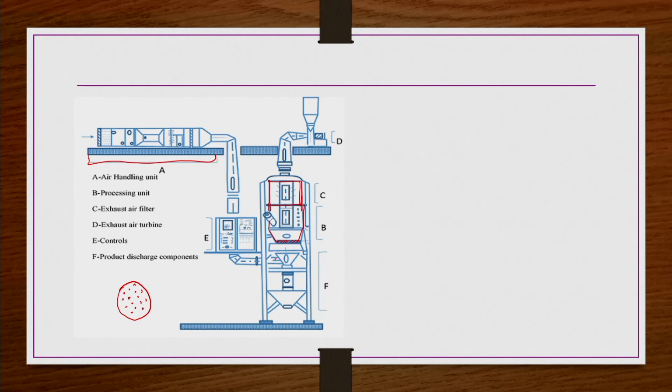So the air comes in here, and whatever particle bed is there, it causes a lifting of the particles, because slowly when air comes in, at a certain stage the drag on the particle is balanced by the weight of the particle.